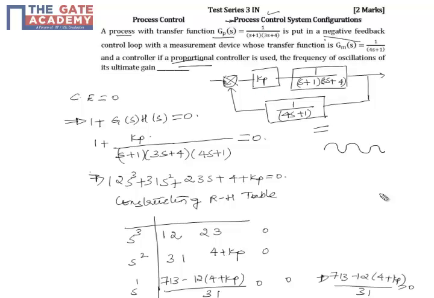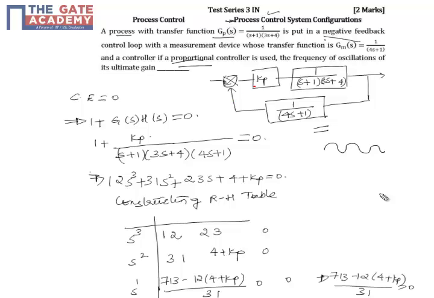Here you can see a proportional controller of gain Kp, and the transfer function of the plant is embedded here, which is 1 by (s plus 1)(3s plus 4), and we have a negative feedback whose transfer function is 1 by 4s plus 1, where the feedback is being subtracted from the input.